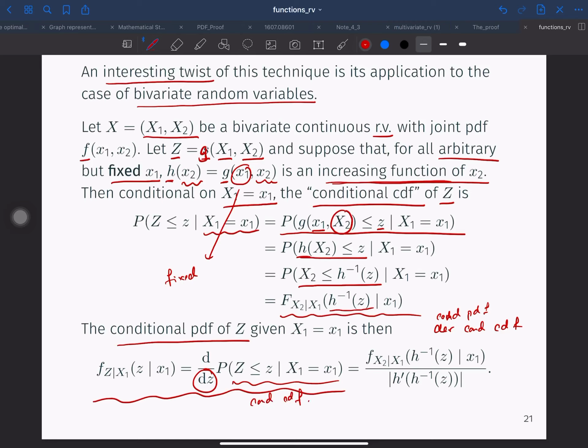By the monotone transformation theorem, this is once again the monotone transformation we saw earlier: we have the conditional PDF of X2 given X1, evaluated at h inverse of z, divided by the derivative of the transformation. Why do we do this operation?